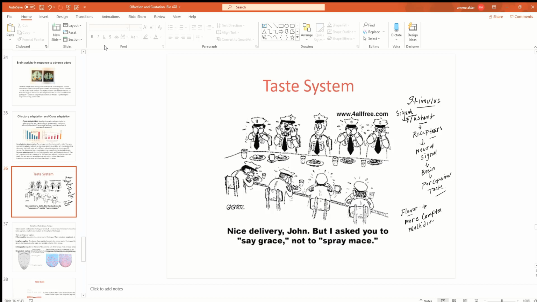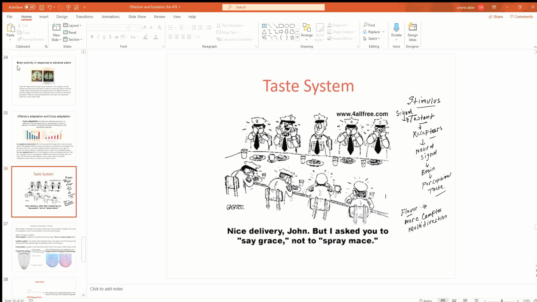A number of factors are involved in flavor. So flavor gives you the enjoyment of taste.